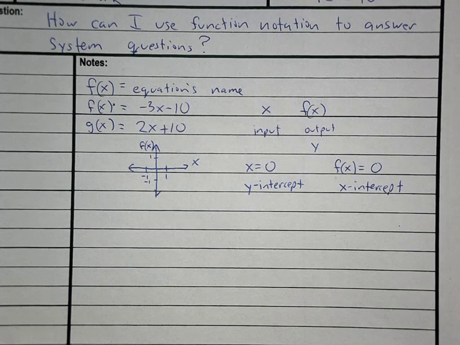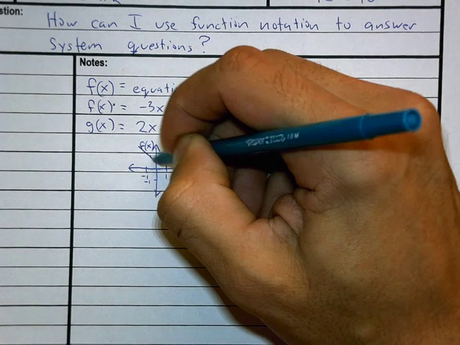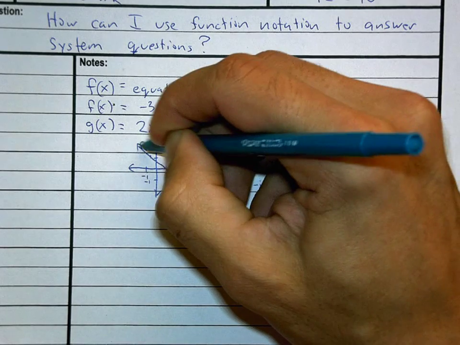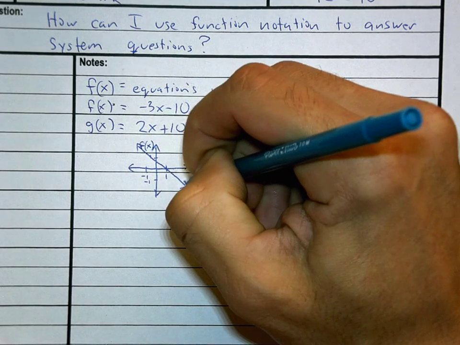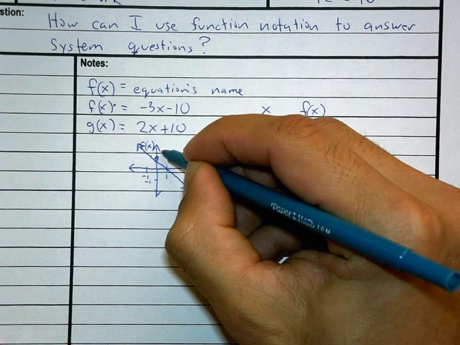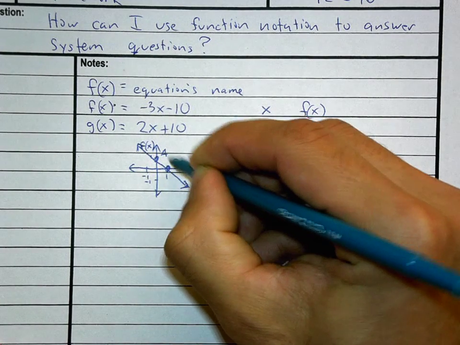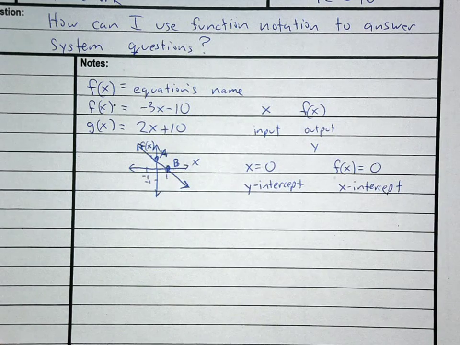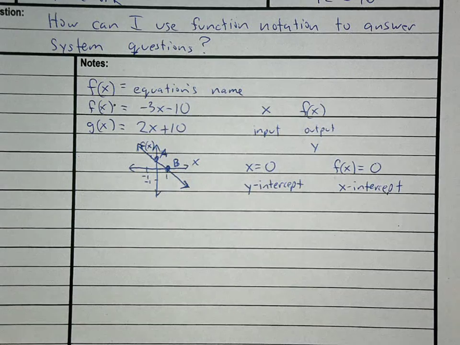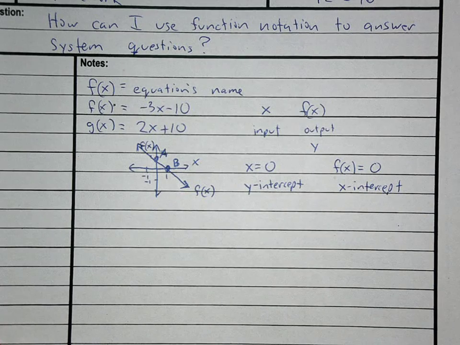If I think about a line, and I'm just going to go like this with this line, I'm going to put a point here. I'm going to call this point A. Put a point here. I'm going to call this point B. And the name of this line, we're going to call f of x.